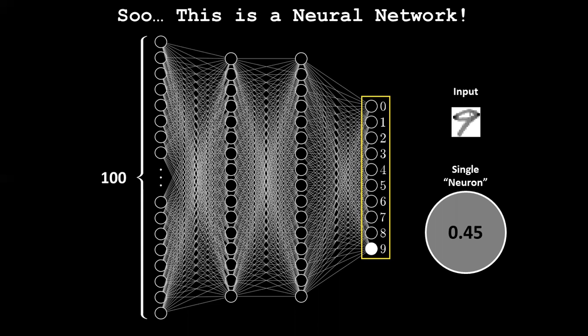Each circle here is called a neuron, and every single neuron has some numerical value, a number between 0 and 1, and this number represents the color of the pixel. For example, 1.00 will be white and 0.00 will be black. Any other number will be some shade of gray between black and white accordingly.